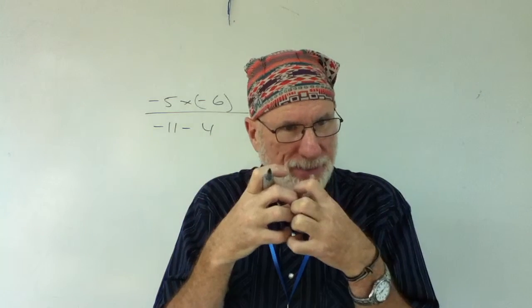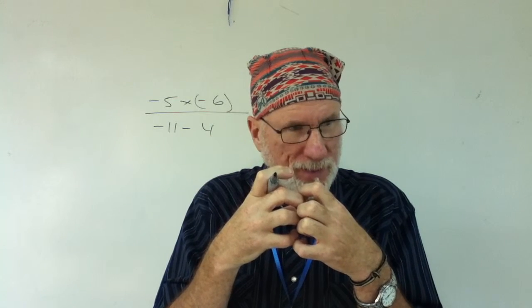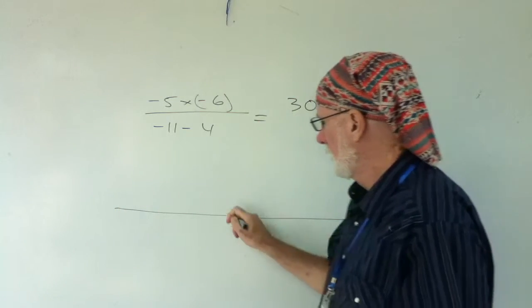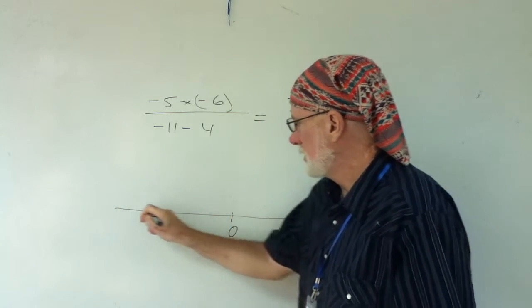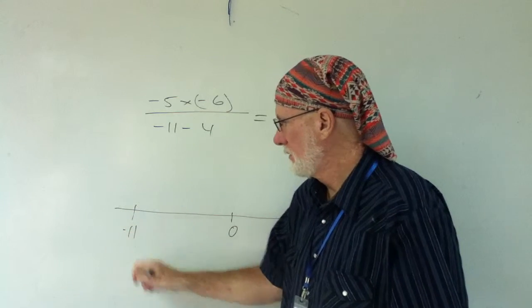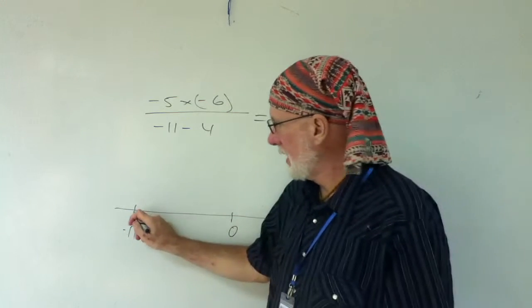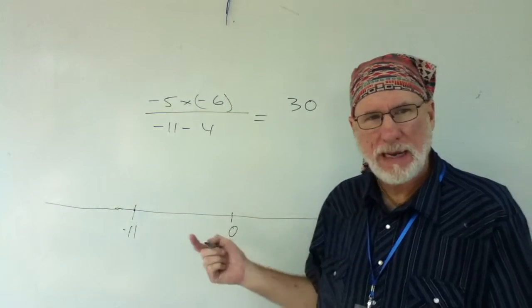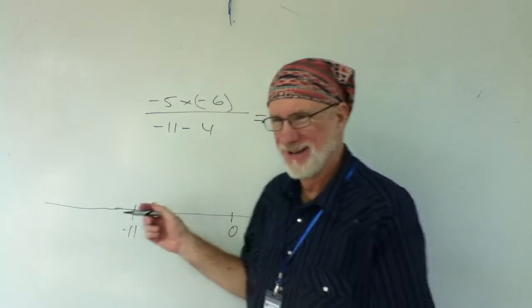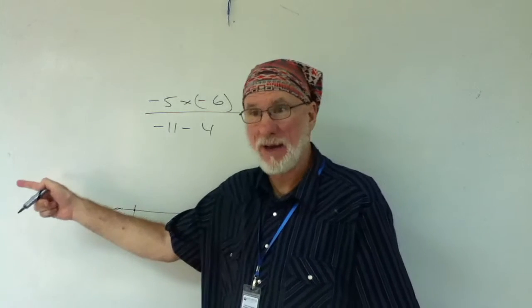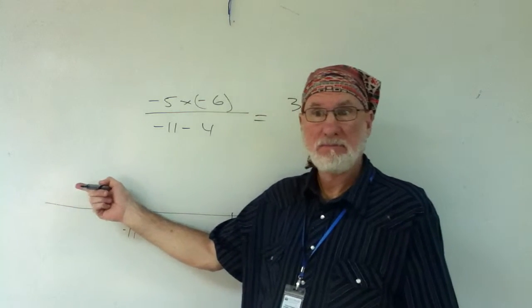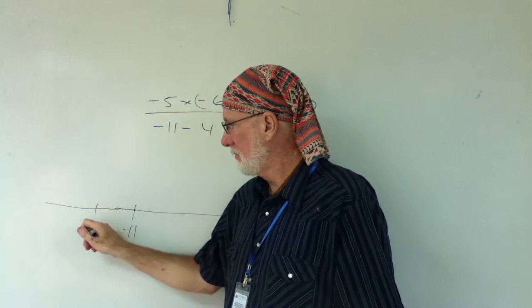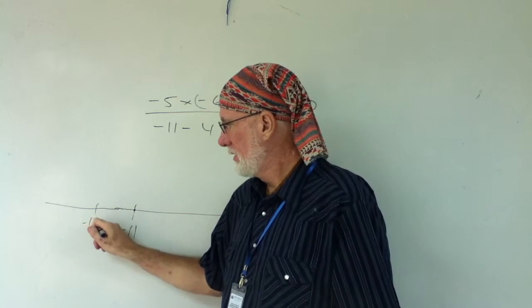In other words, let's look at a number line. This is 0. This is negative 11. I start at negative 11, and I go which way? That way, right? So I end up here at negative 15.